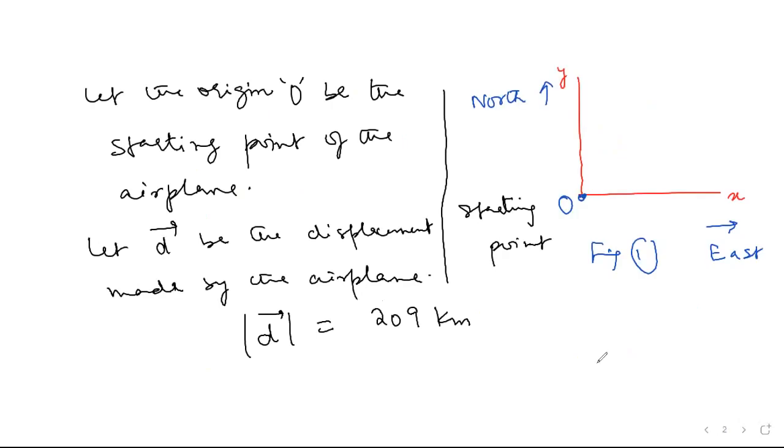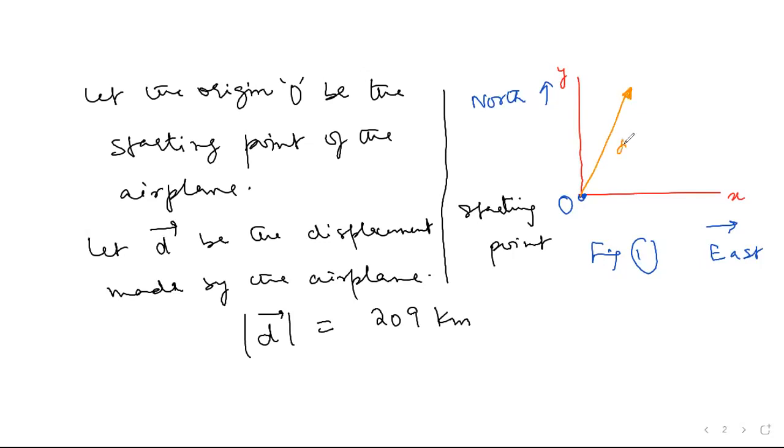That means it's like this. Let me use some other color. So my displacement vector d is like this.